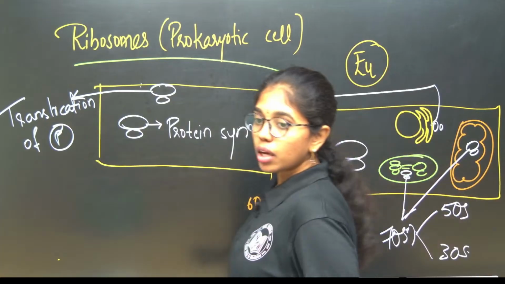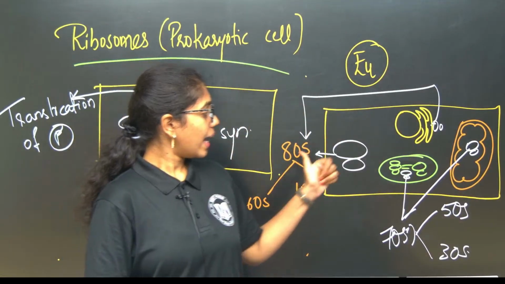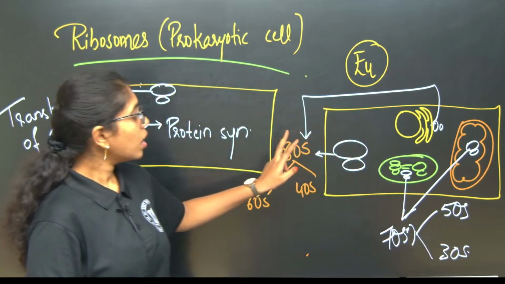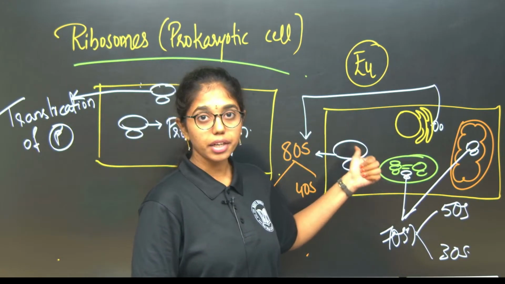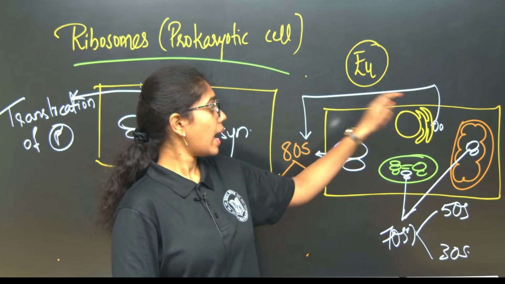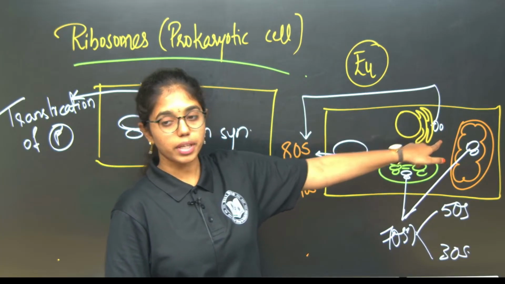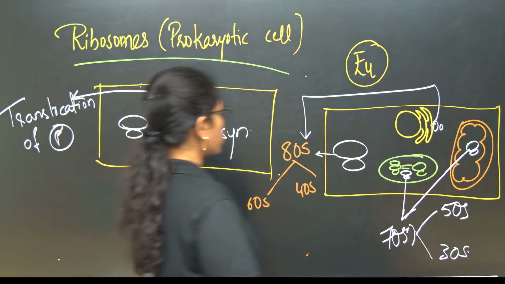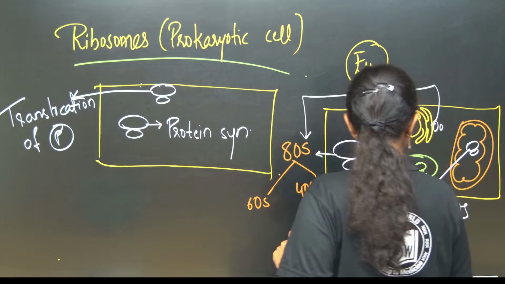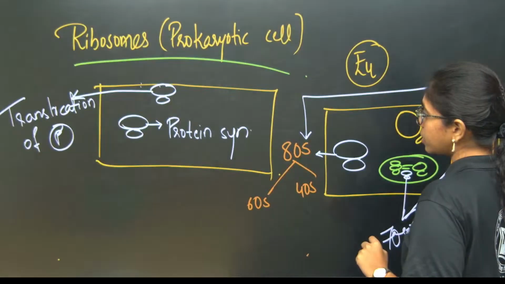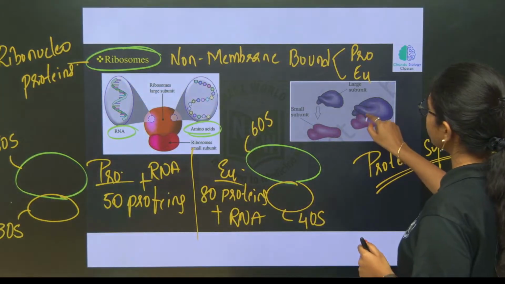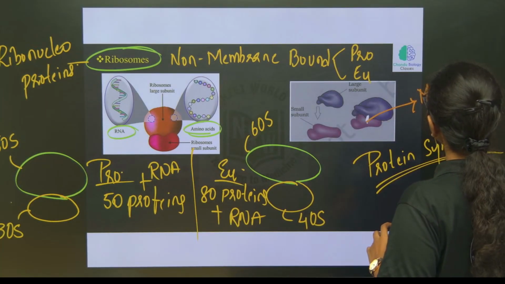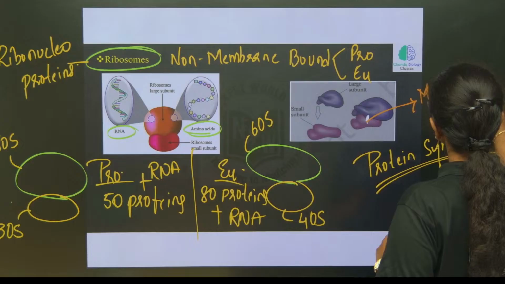Clear, right? Both the chloroplast and mitochondria have 70S ribosomes, whereas the ribosomes present in the eukaryotic cell cytoplasm and over the endoplasmic reticulum have 80S type of ribosomes. The larger subunit and smaller subunit are associated with each other, and this depends on the magnesium ion concentration.